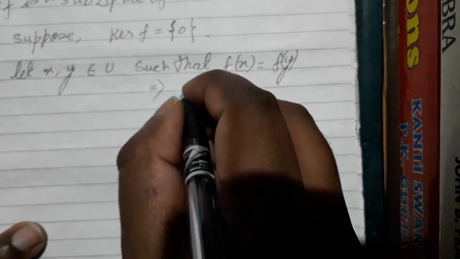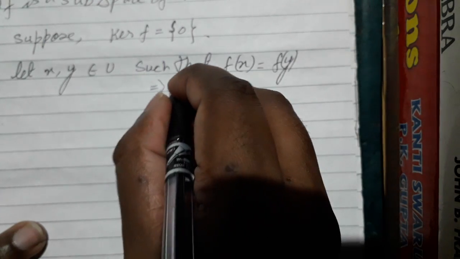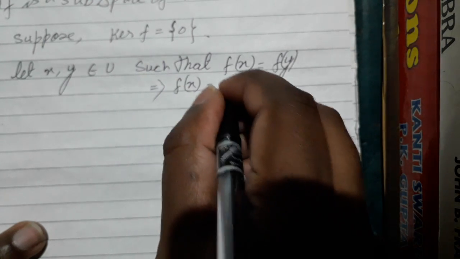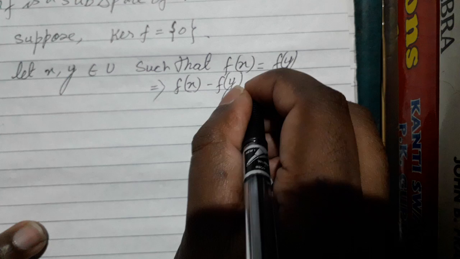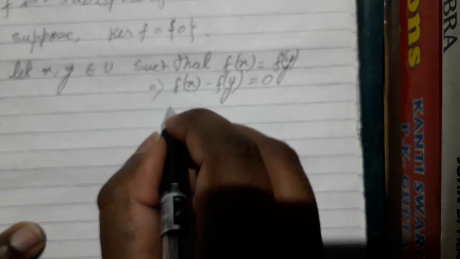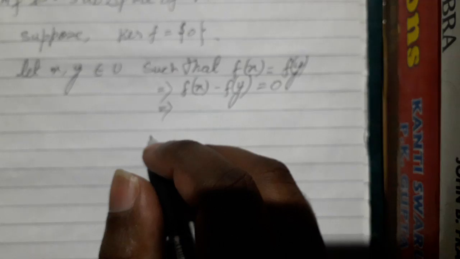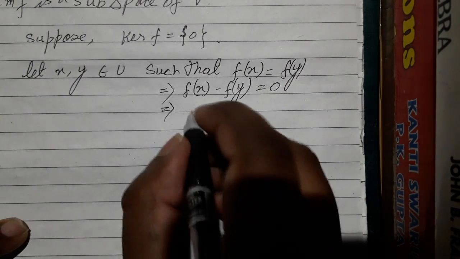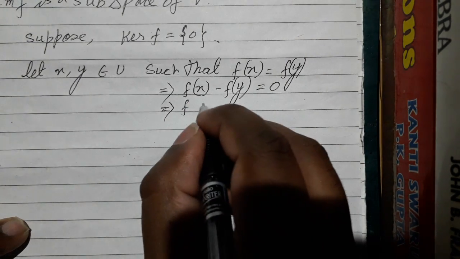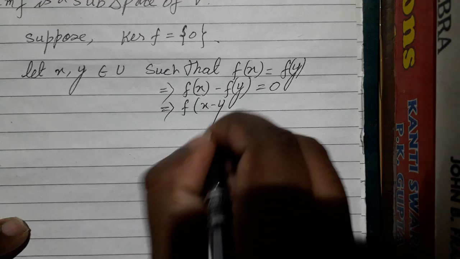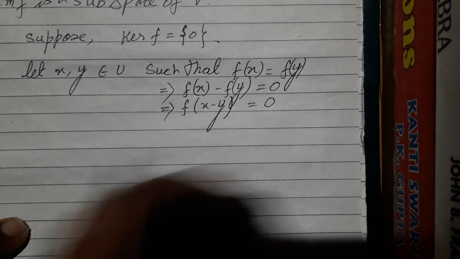I can bring this to this side, so we get f of x minus f of y equal to 0. Since f is a linear transformation, this can be written as f of x minus y equal to 0.